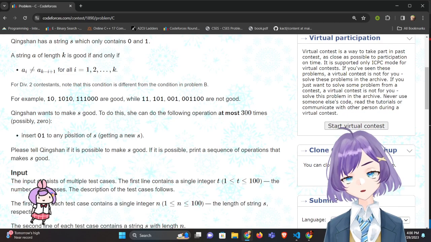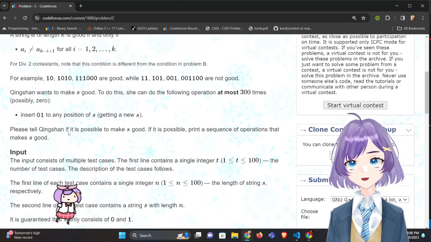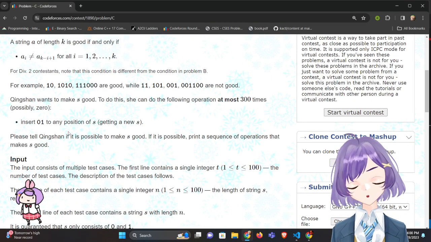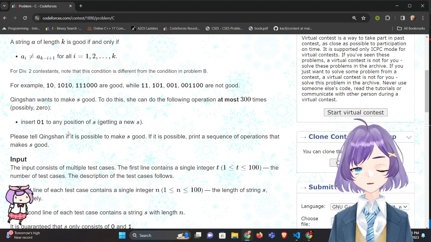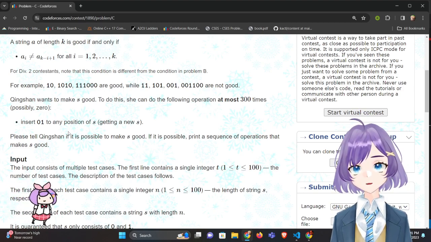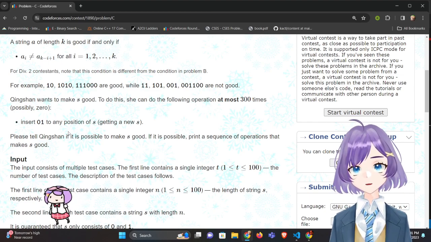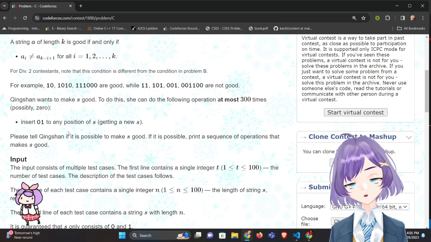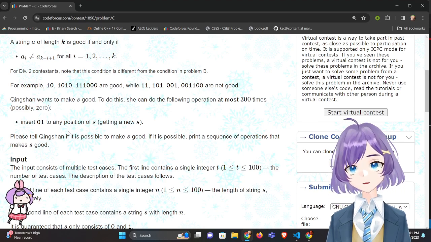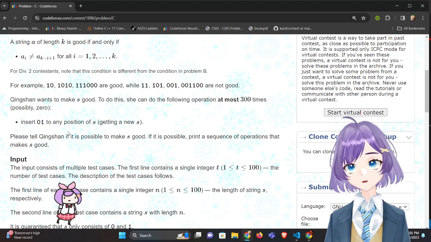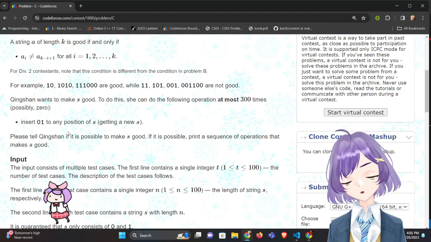So the length of the string 111000 is 6, so k is equal to 6. 6 minus I plus 1. So A of 0 should not be equal to A of 6 minus 0 plus 1.